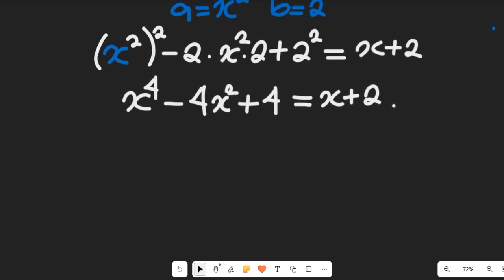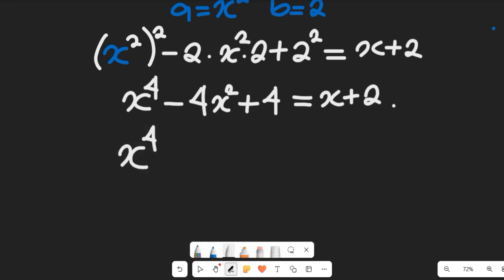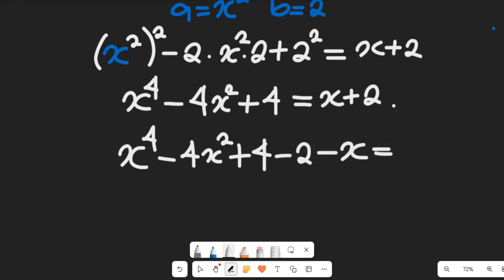So I'll have my x to the power of 4, minus 4x squared, plus 4 minus 2 minus x, and this will be equal to 0. Great.